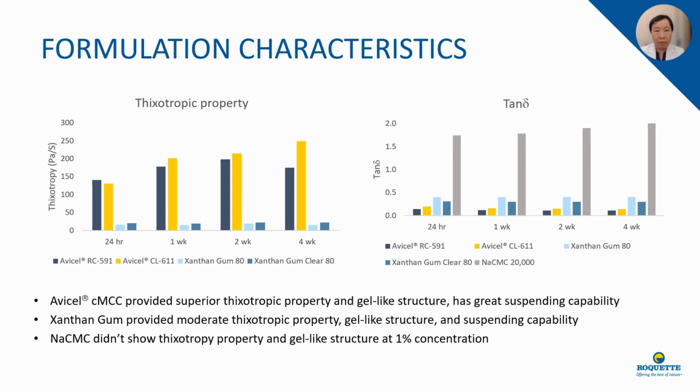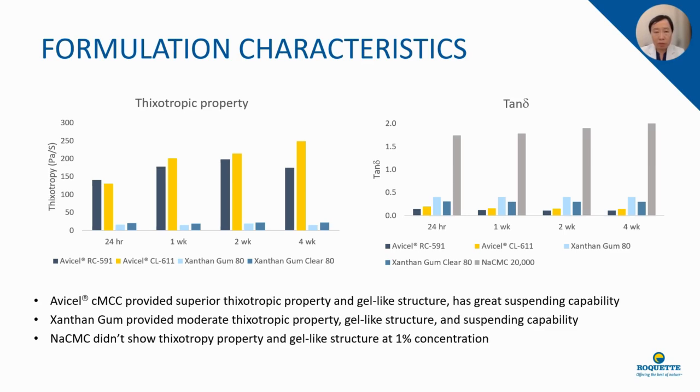You can see the left graph shows the suspensions containing Avicel RC591 and CL611 consistently demonstrate the highest thixotropic value, ideal for suspension applications. The two formulations containing xanthan gum exhibit moderate thixotropic property, and then the sodium CMC suspension shows no thixotropic response at 1% concentration.